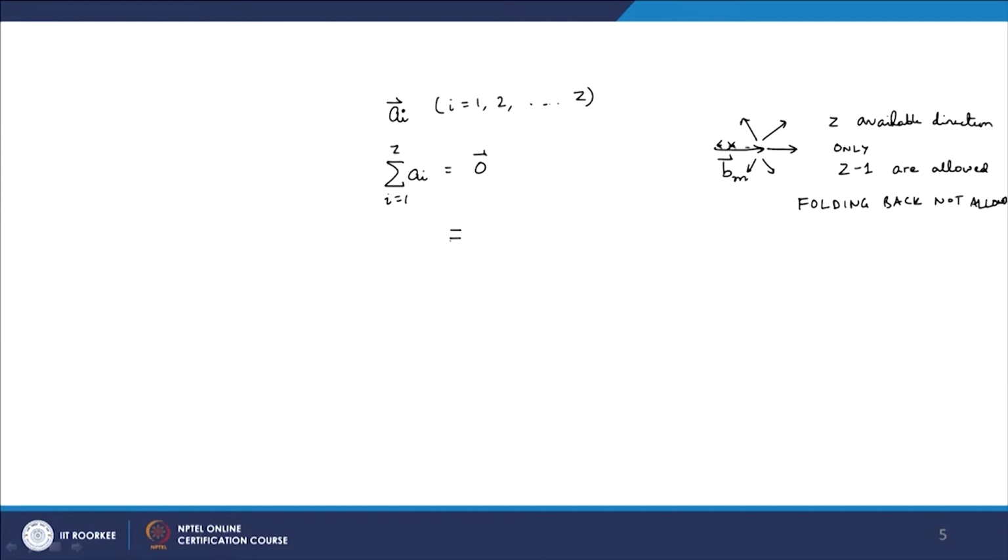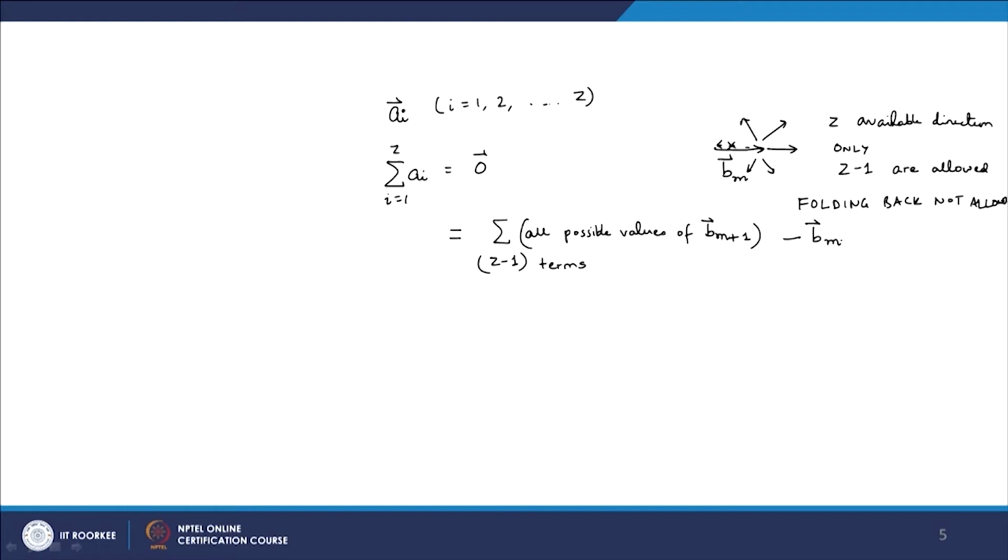Okay. So, now I can also represent this sum as the sum over all possible values of Bm plus 1, which will have z minus 1 terms, and then the one which is disallowed is minus of Bm, because the chain cannot fold back into itself.